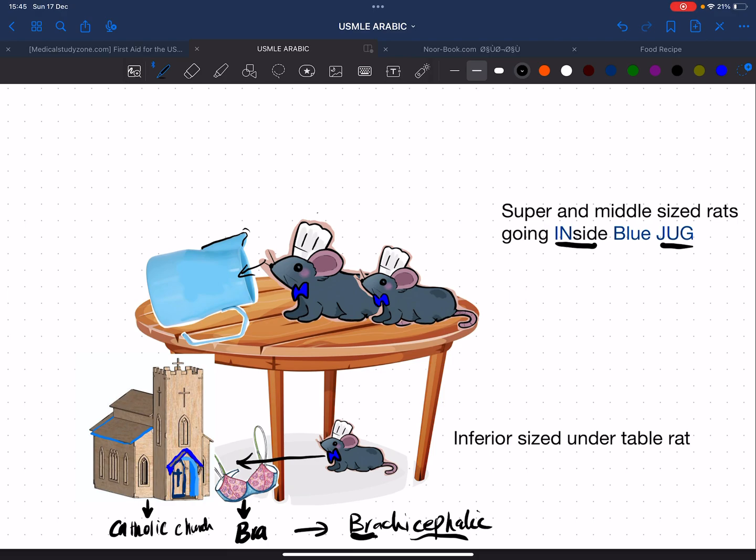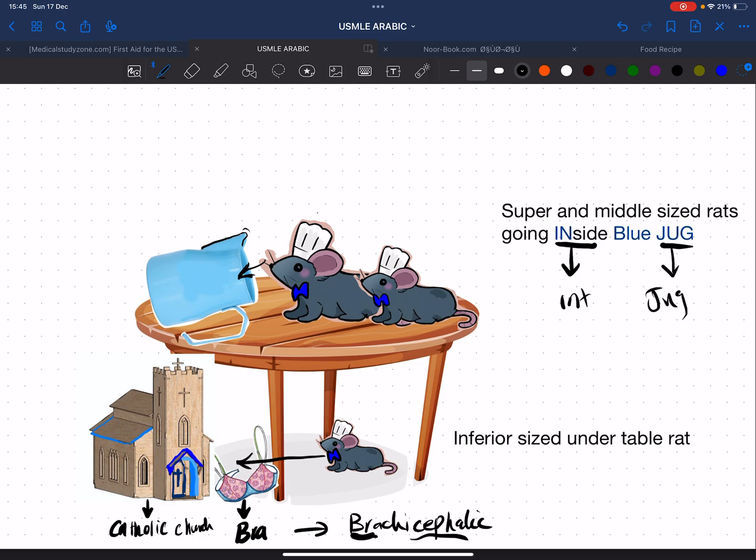So the two of them are on top of the table to remind us that it's superior and middle, and they're both going inside this blue jug. Inside to remind us internal jug, it means jugular vein. So the superior and middle thyroid veins drain into the internal jugular vein.